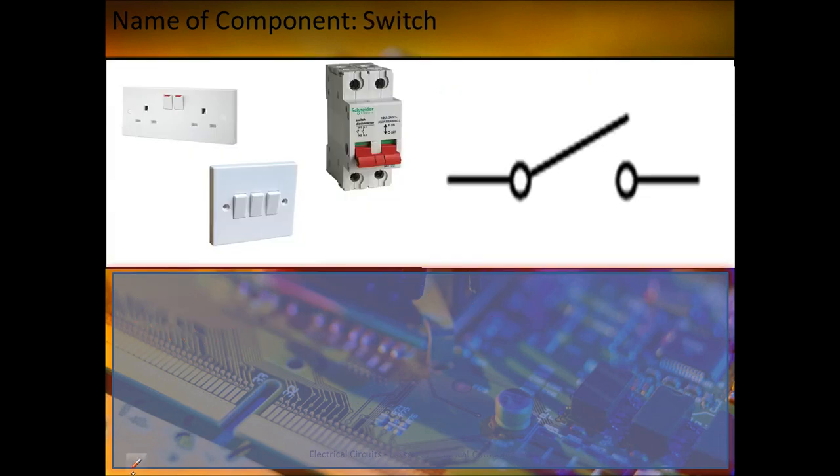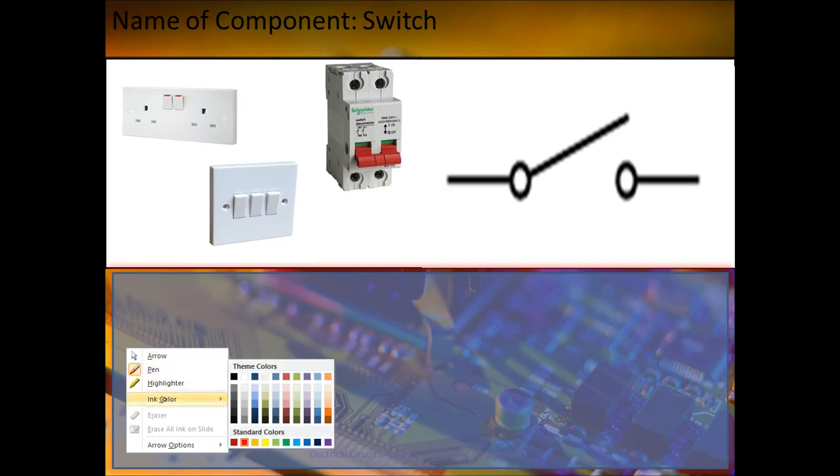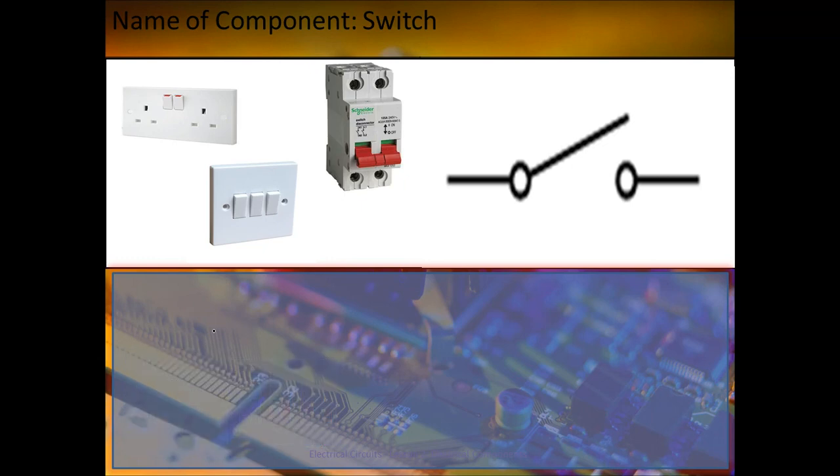The next one then is a switch. So a switch is a simple device used to create a break or to complete the circuit. So this particular style would be an open switch. And for a closed switch, it's essentially that door in the middle completes the circuit so current can flow.